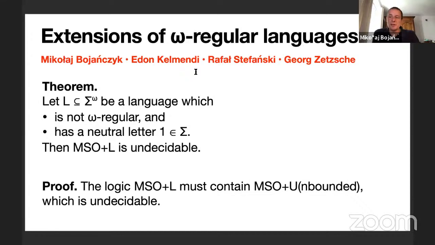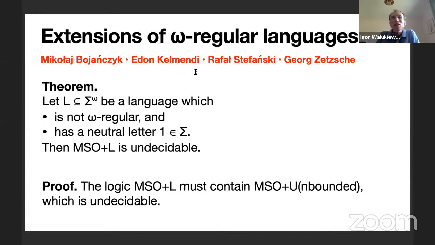You add a neutral letter, so you can say after removing the neutral letter, every appearance of A is in a square numbered position. This is an example of a language of omega words which is not omega regular and has a neutral letter. You add this language to MSO and you become undecidable. And the theorem says that no matter how you choose your language, it's going to be undecidable. I'm not sure if I can respond better to this question, but I'd be happy to try.